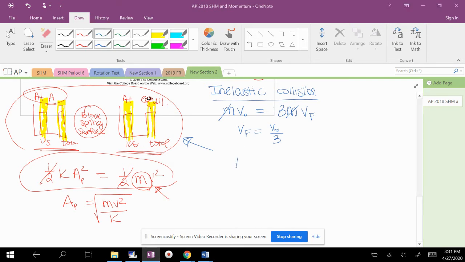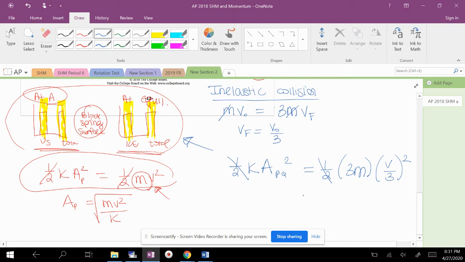So I'm going to say, okay, well, 1/2, my spring constant's the same. I'm looking for my new amplitude. So that's 1/2 k A_PQ squared equals 1/2, the total mass is now 3m, and that new velocity is v over 3, squared. Okay, so I'm going to cancel out my 1/2 right off the bat.